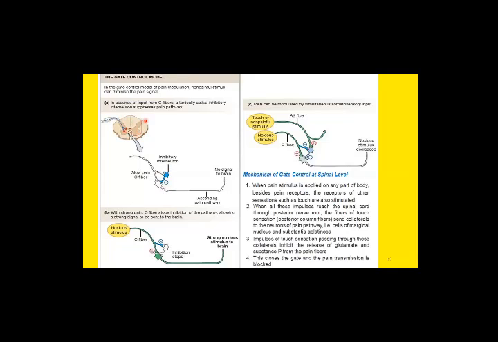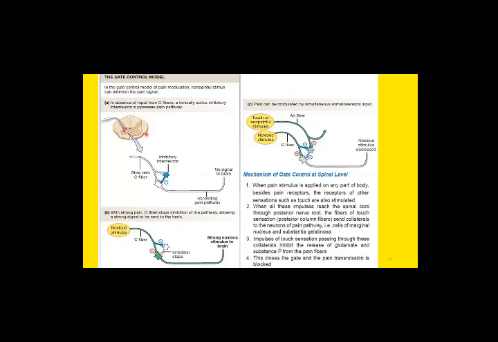So in figure A, in the absence of input from the type C fibers, an inhibitory neuron is there. Here you can see this inhibitory interneuron suppresses the pain pathway. So no pain signal will be sent to the cerebrum or the brain.